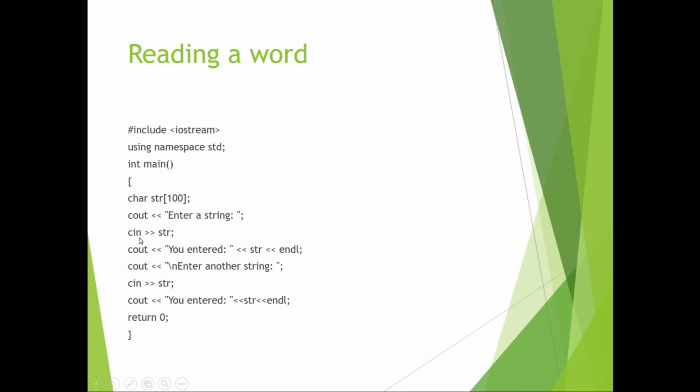The cin accepts only a word, not a sentence. So you know already cout you entered, so that will be displayed on the screen. So str, whatever is given as input, that will be displayed. Now enter another string, you have str, so whatever you have entered here again will be displayed. So this is reading a word, a simple example.